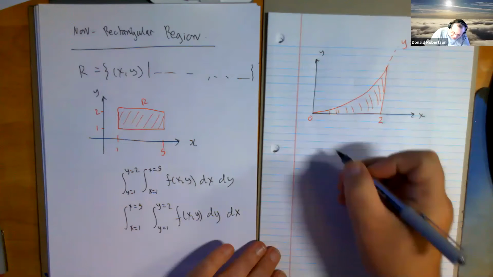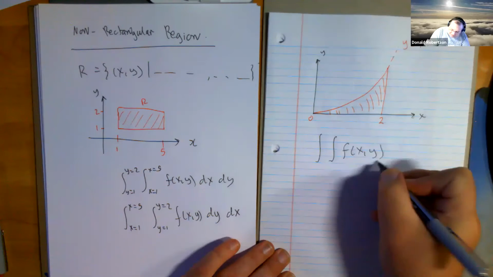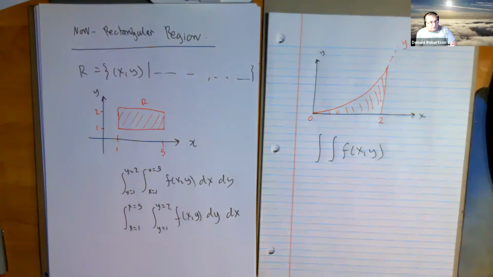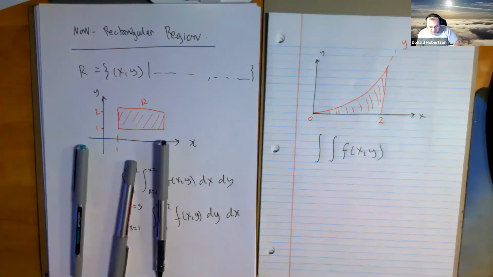Now I want to set up the integral. Now, in this question, there are options. You might not think it, but there are options. One option tends to generate a nice integral that works. The other option tends to generate an uglier integral that also works.